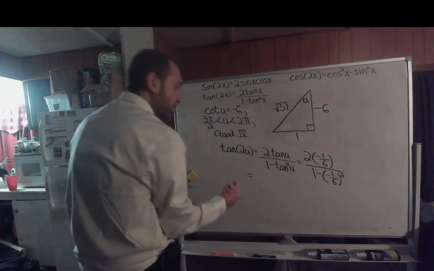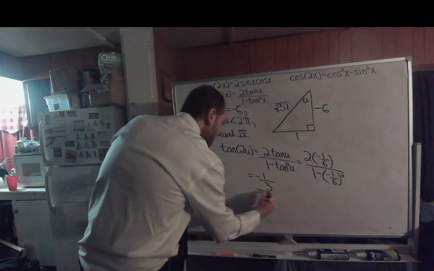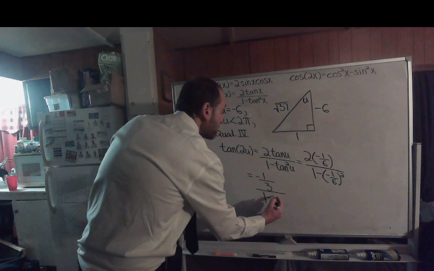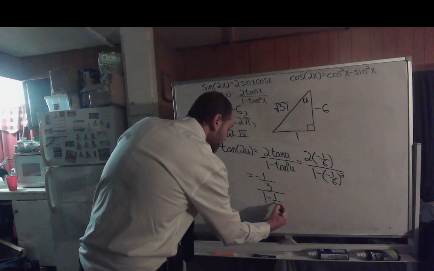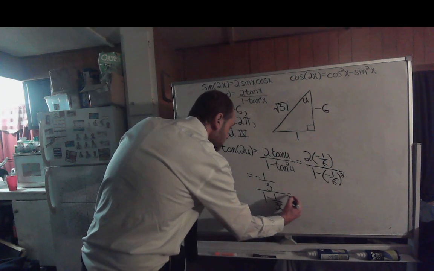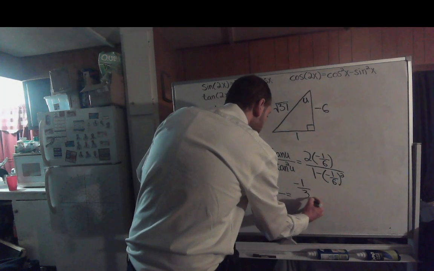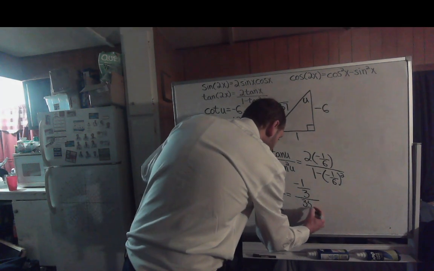So the numerator would simplify into negative 1/3 all over 1 minus, that would end up being 1/36, which would simplify further into negative 1/3 all over 35/36.